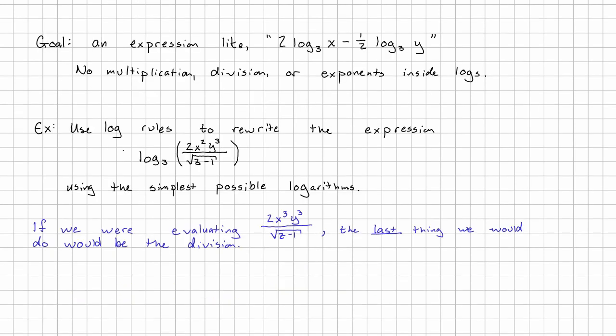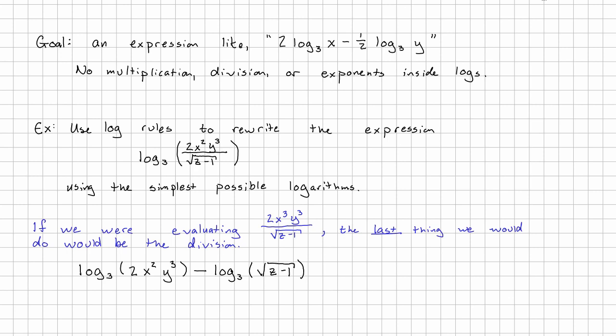Division becomes subtraction when we split it up. So we'll have the log base 3 of 2 x squared y to the third minus the log base 3 of the square root z minus 1.